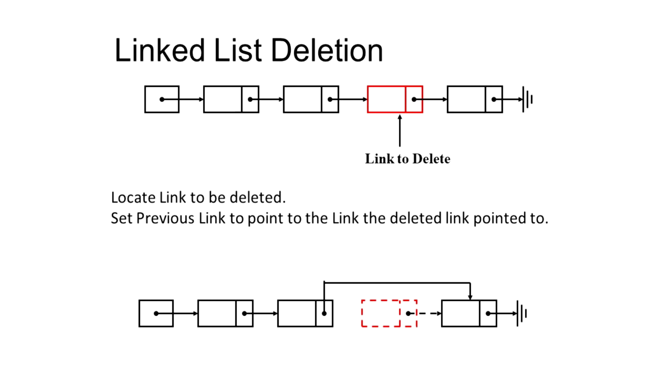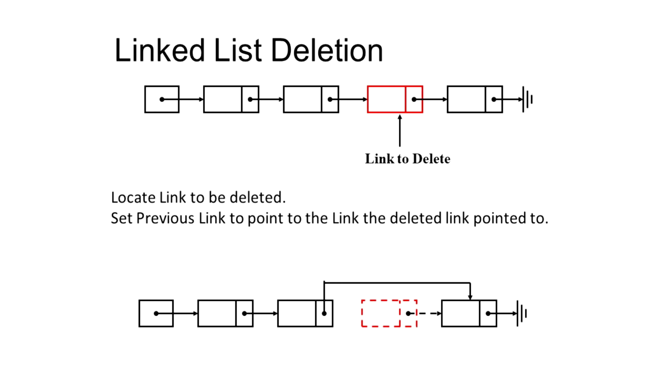And if there's a match, we've found the node that we're looking for. But with the delete operation, we have to modify this algorithm slightly to keep a pointer to the previous node. We're going to maintain a current pointer, which is the current node we're looking at, and a previous pointer, the one before the current node.